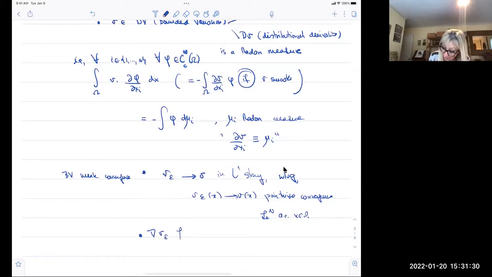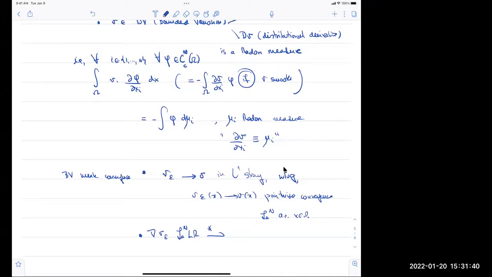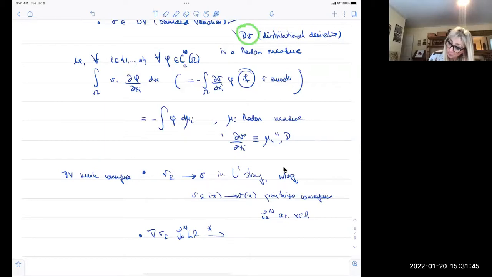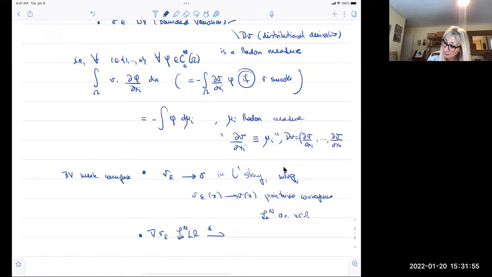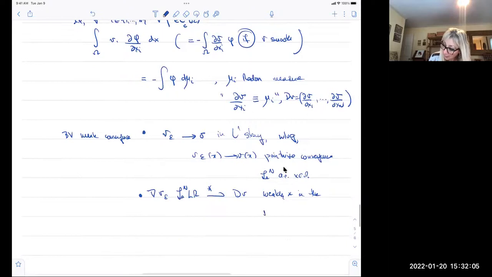If I multiply these times the Lebesgue measure restricted to omega, I would have a weak star convergence to the derivative of v, in this generalized sense that I introduced, so weakly star in the sense of measures. But don't worry about that. I don't need that.